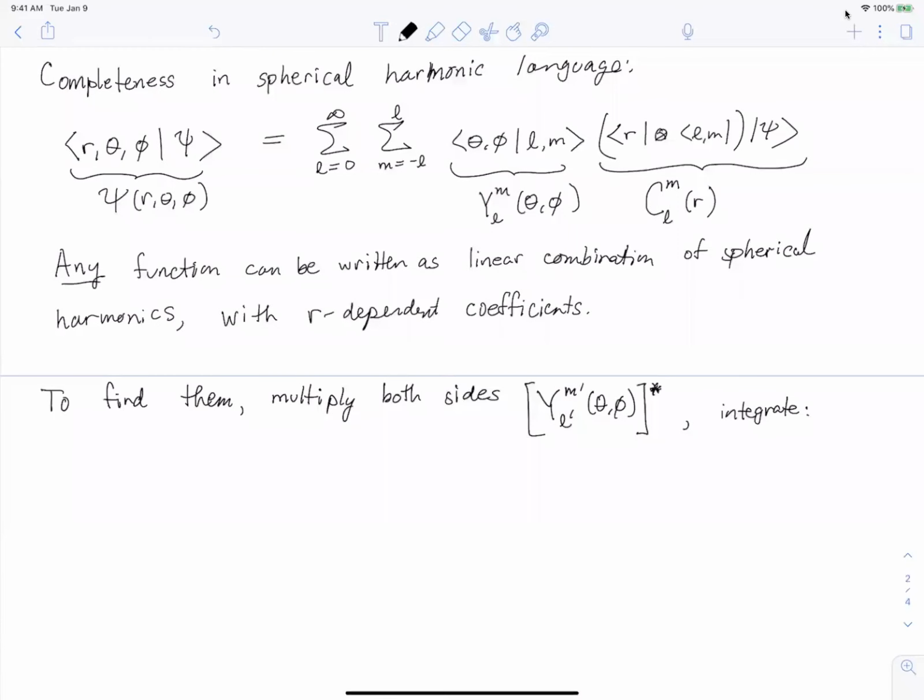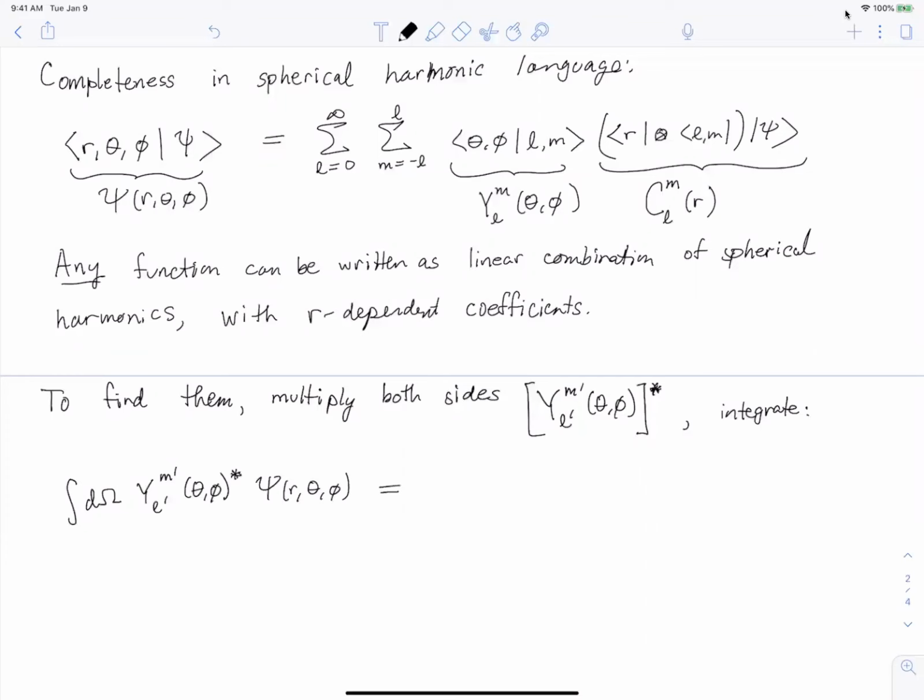Okay, and so what do we get? We get the integral d omega of Y L prime M prime of theta phi, star, times my arbitrary function that I'm trying to express as a linear combination of spherical harmonics.